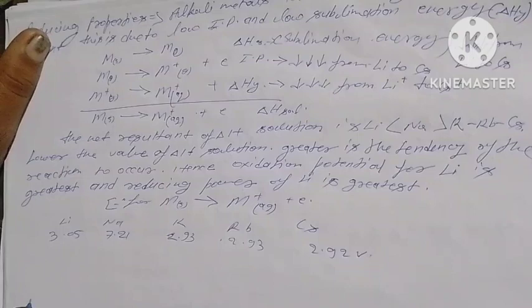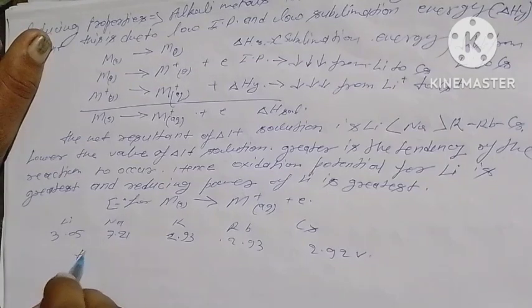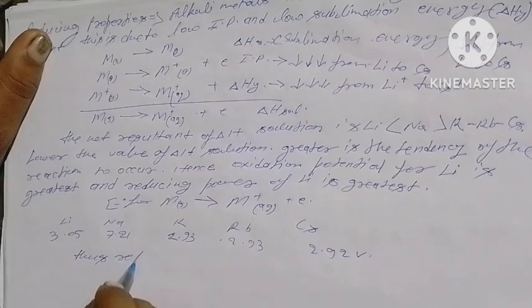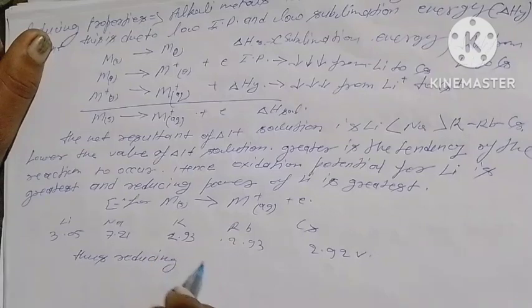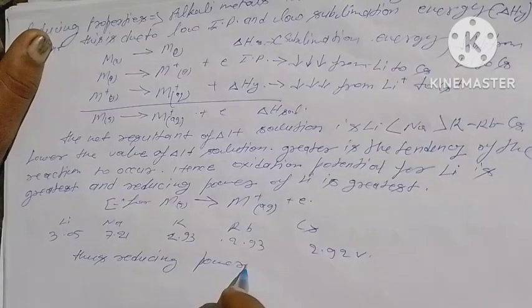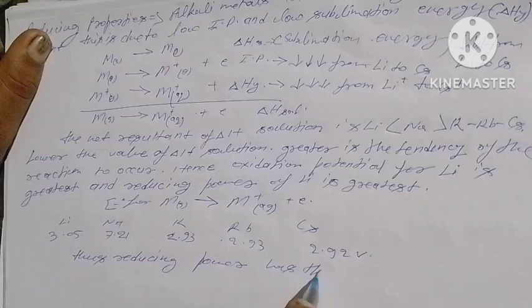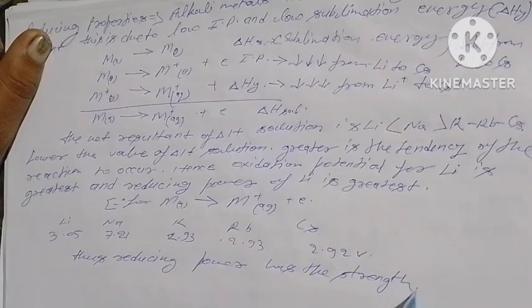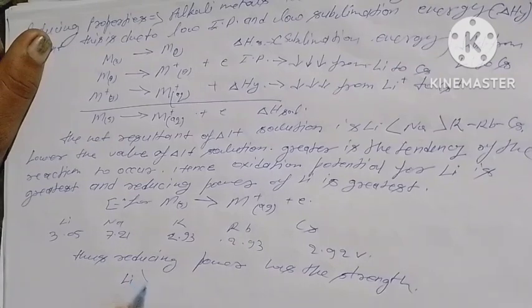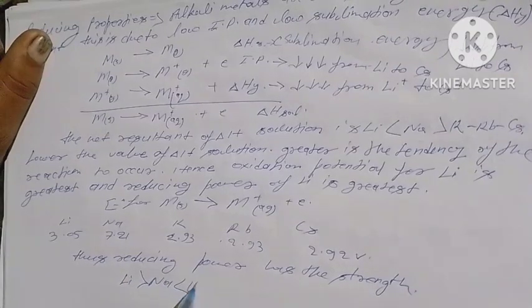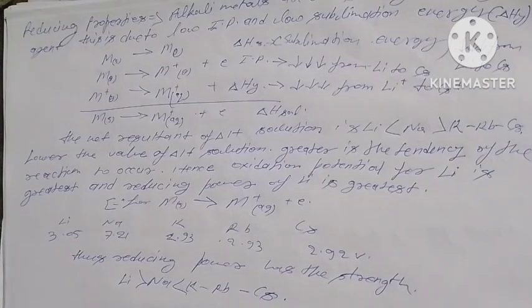Thus the reducing power has the strength: lithium is greater than sodium, which is less than potassium, rubidium and cesium.